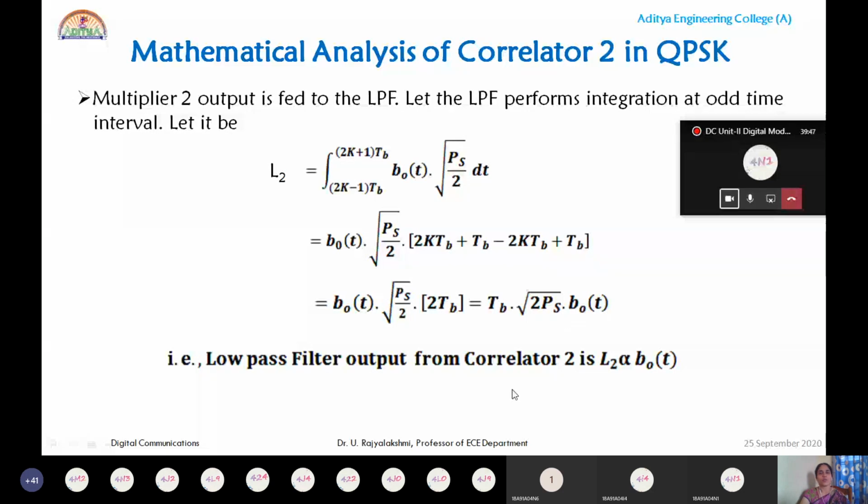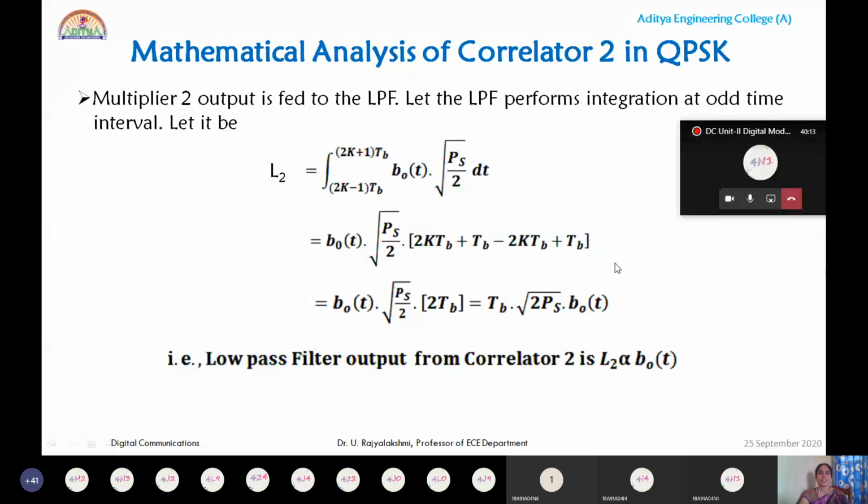What is the low pass filter output now? Almost all the analysis of correlator 2 is the same as that of correlator 1. So it is proportional to B naught of t with a proportionality factor of TB into root 2PS. Similarly, the output of correlator 1 is TB into root 2PS into B of t, as we obtained.